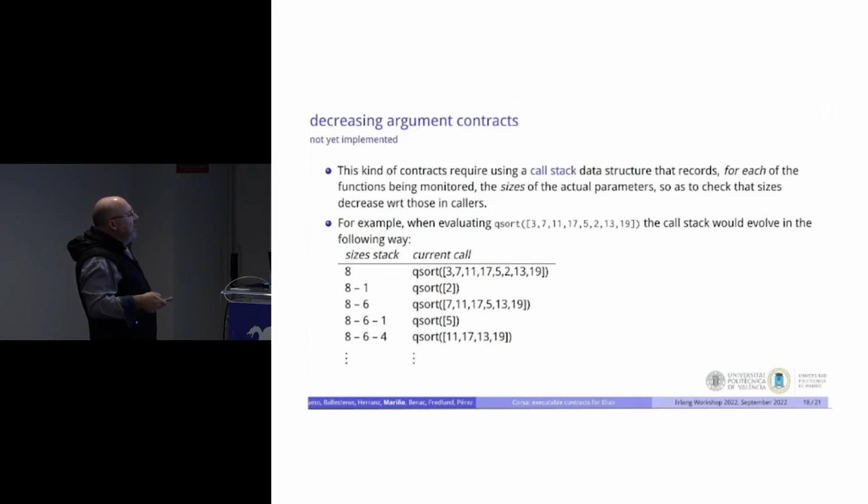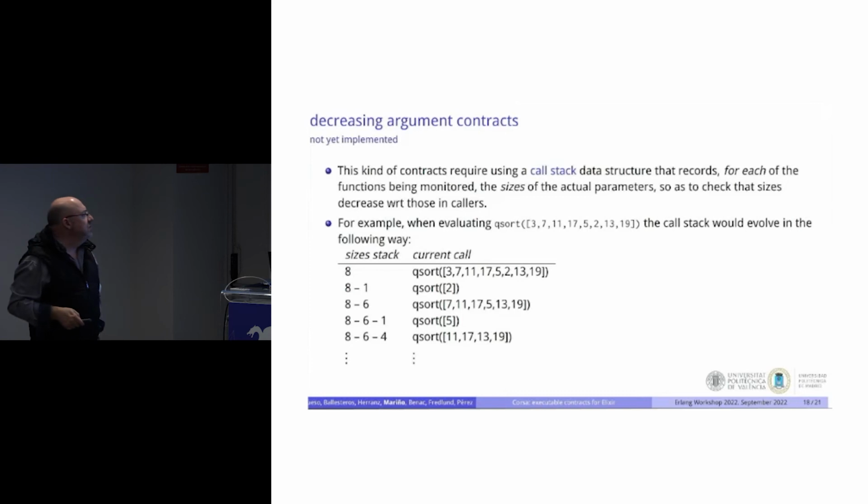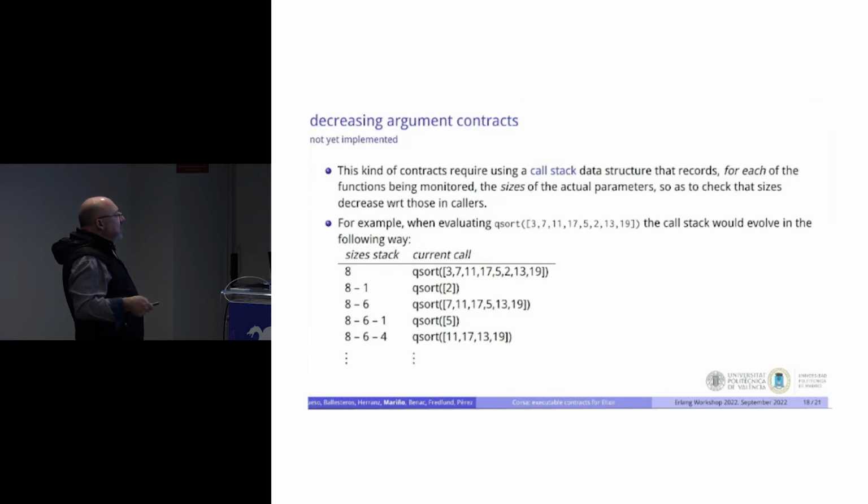So for example, if we have defined a quicksort function, the first time we call this, we push 8 onto the sizes stack. Next call is those elements lesser than 3. So size is 1, that would return, so we remove 1 from the sizes stack.